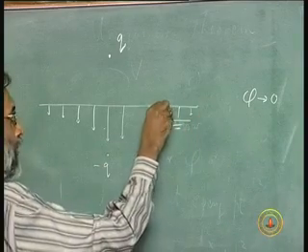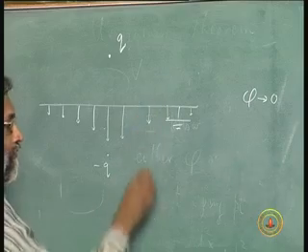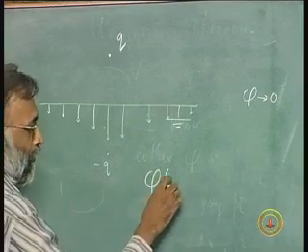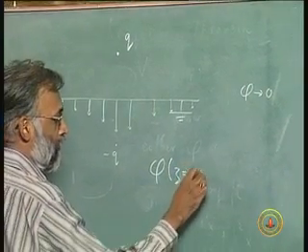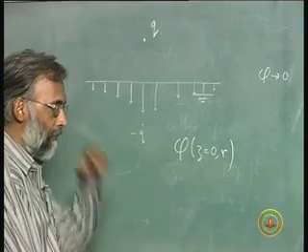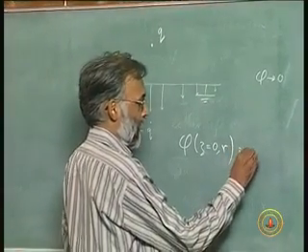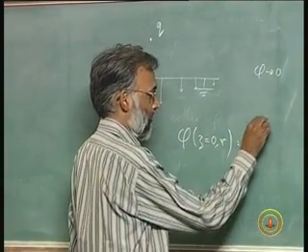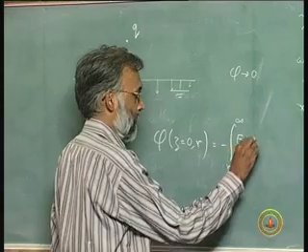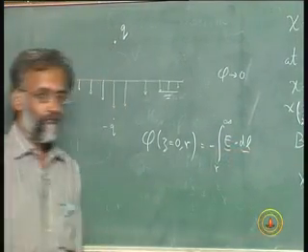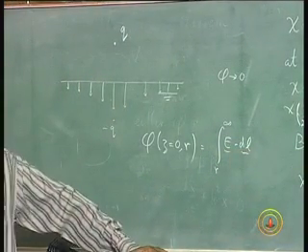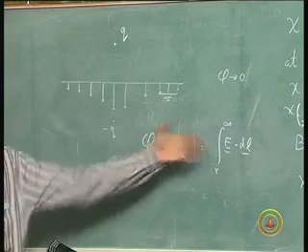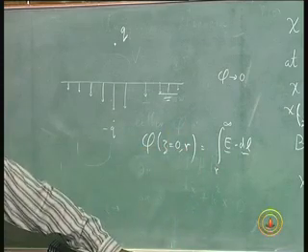Now, the potential anywhere here, phi at any point z equals 0, r, is equal to minus integral r to infinity E dot dl. That is by definition, that is how we define potential. Potential is negative of E dot dl.